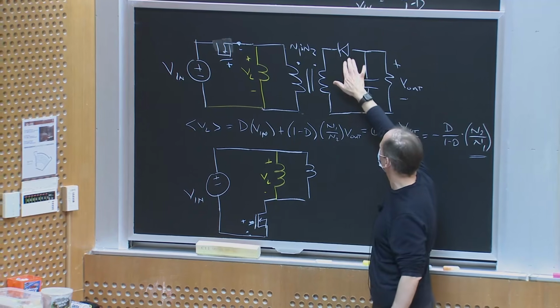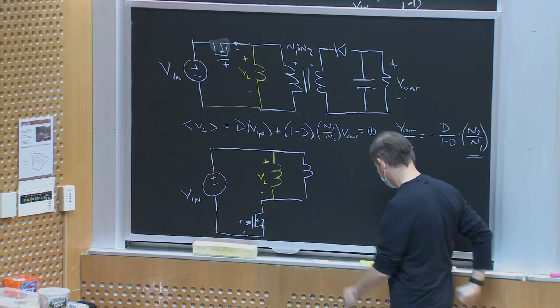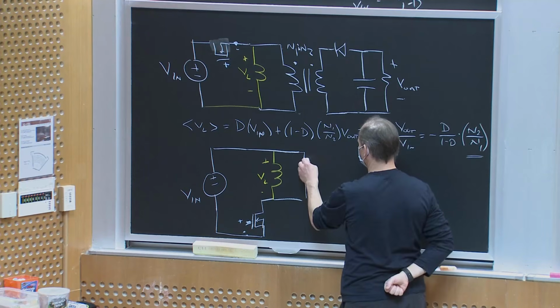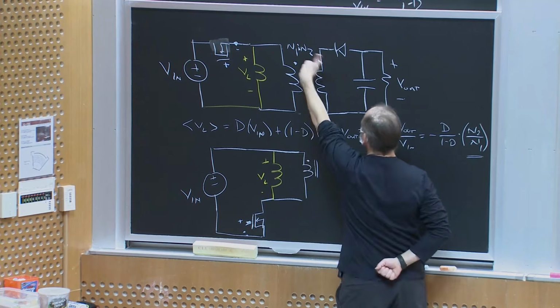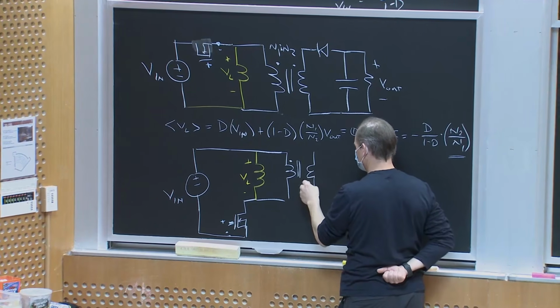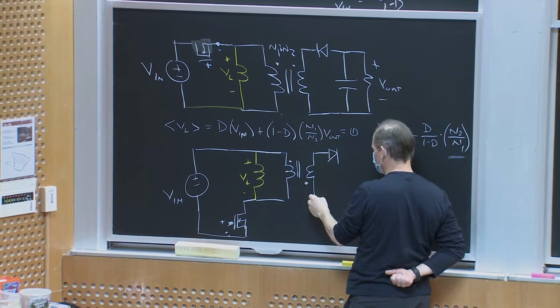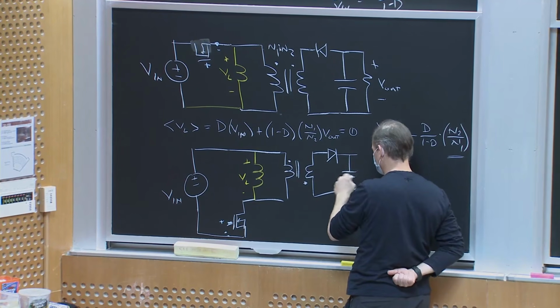And in fact, I can play the same trick. I could put the diode here, or I can move it over here. So let me just flip this guy upside down. I'll do it like this. Here's one dot. Now I'll turn this upside down and do this. Okay, I'm going to move the diode through, and I'm going to draw it like this. And I'm going to define a new output voltage like this.